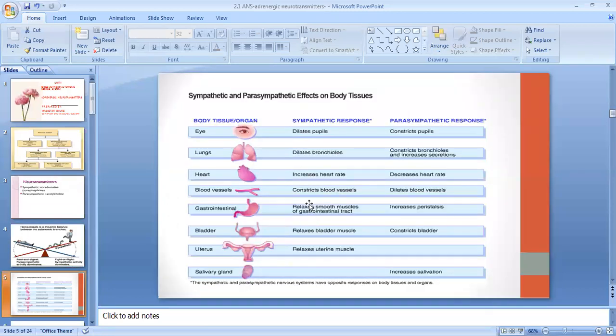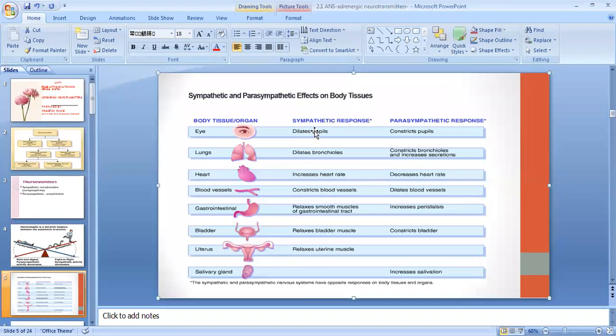Now, a very important point. What are the effects of the sympathetic and parasympathetic systems in our body? They show totally opposite responses. So we are going to discuss the individual response of each organ to the sympathetic and parasympathetic nervous system.